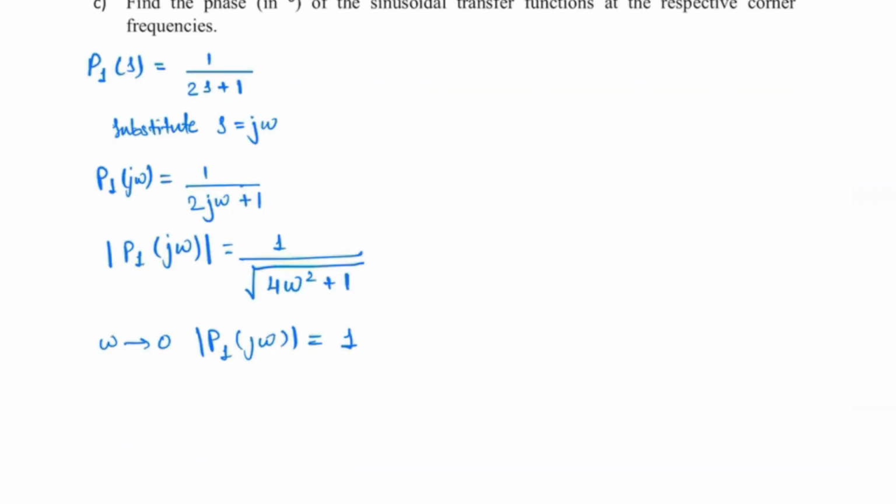And when omega is a large value, we can neglect 1 against 4 omega square.